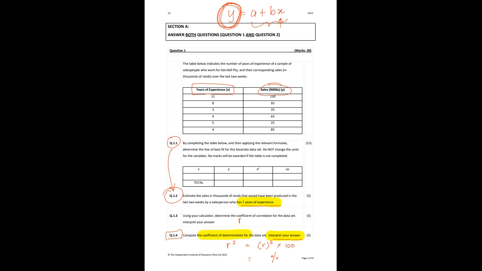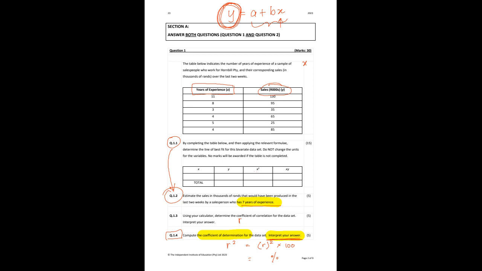So remember, your coefficient of determination tells you the extent to which a change in X will bring about a change in Y. So it's basically the percentage variation in the Y variable that's explained by variation in your X variable. So we know that when X changes, Y changes as well.